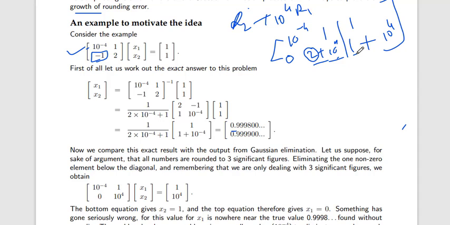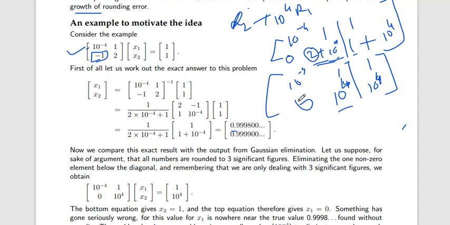So with the help of significant figures, approximately 10 raised to 4 remains 10 raised to 4. We will neglect 2 because it is smallest in comparison with 10 raised to 4. Here also we will neglect 1. Now we can solve this type of equation.